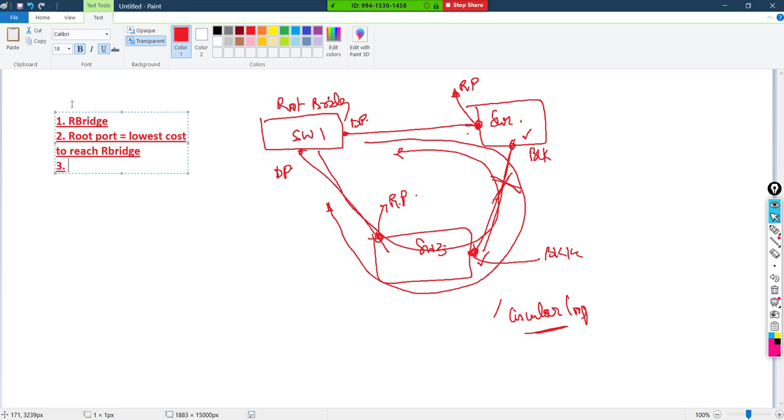Okay, now to find the blocking interface, how do I find it? I will see the least cost. If least cost is not going to help me, then it's going to be the lowest forwarding bridge, the switch.